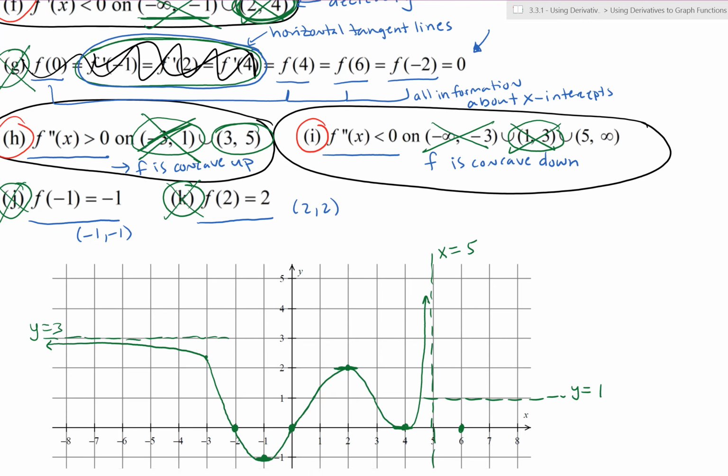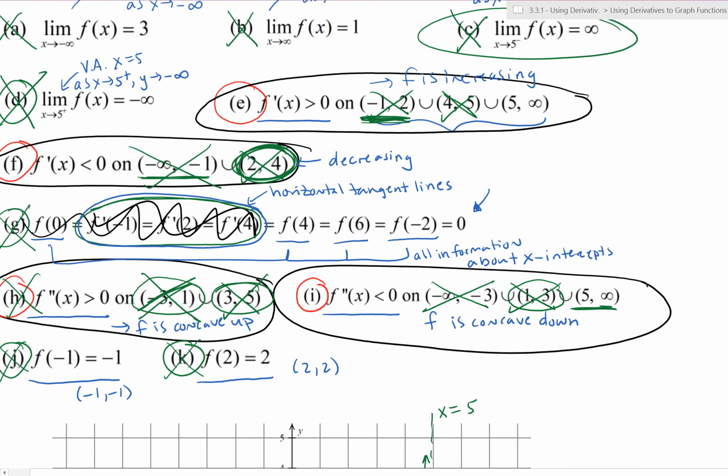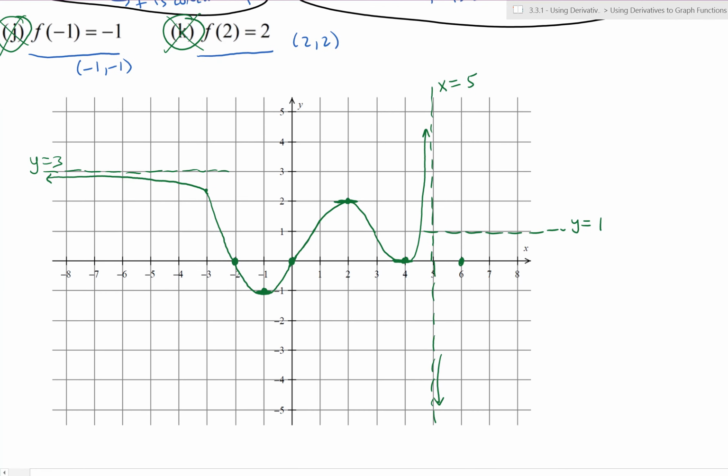I continue to be concave down after 5, right? I'm done with part H. I'm now going to be concave down from 5 to infinity. And in fact, we took care of the 4 to 5 interval for increasing. 5 to infinity, we must be increasing. And we know the behavior here, right?